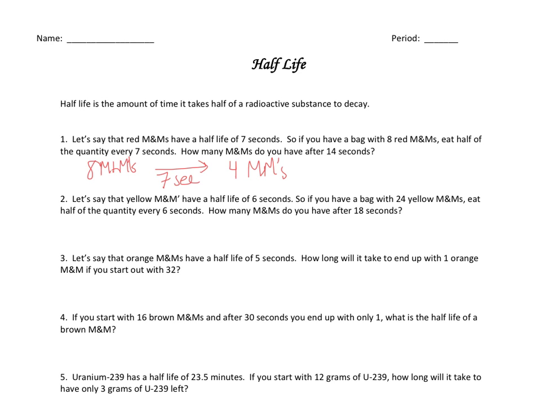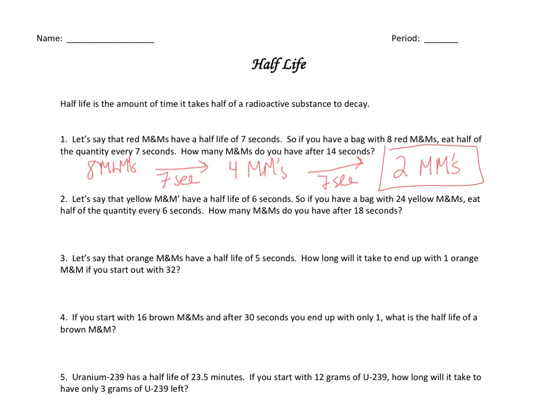So if you go for another 7 seconds, then half of this amount would turn into something else, and we'd be left with 2 M&Ms. After a total of 14 seconds, 7 plus 7, so 2 half-lives have passed, we would end up with 2 M&Ms, so the answer is 2.